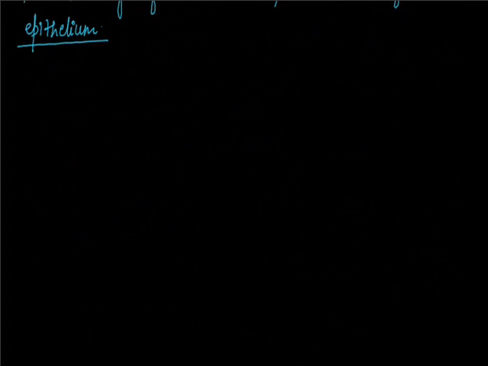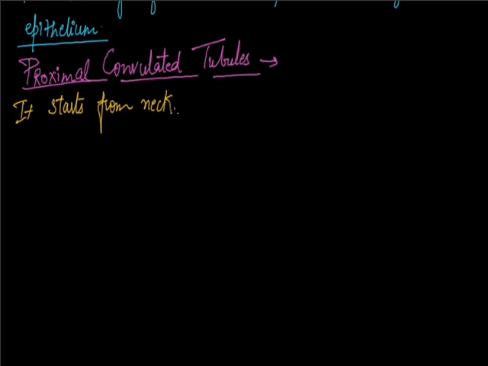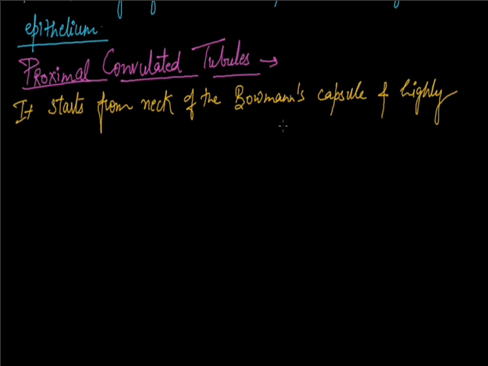Next part we're going to discuss is PCT, which is proximal convoluted tubules. It starts from neck of the Bowman's capsule and is highly coiled or twisted.